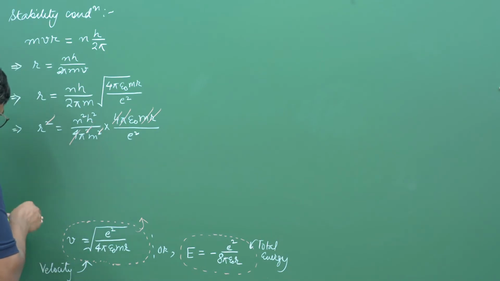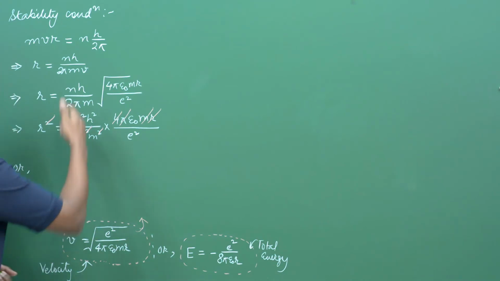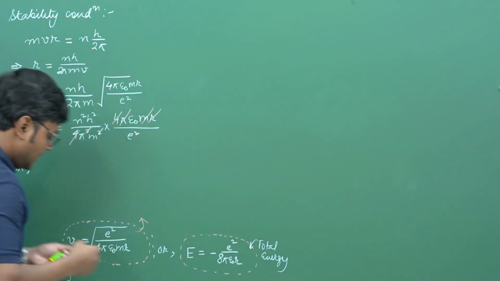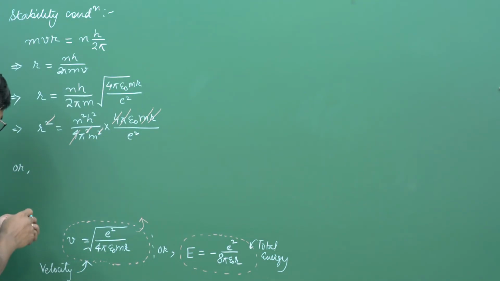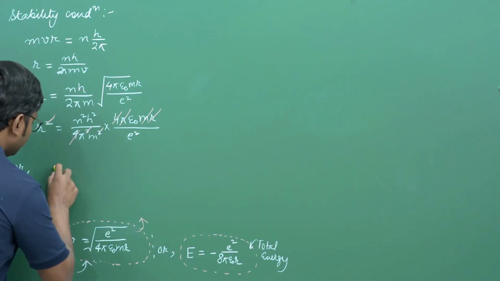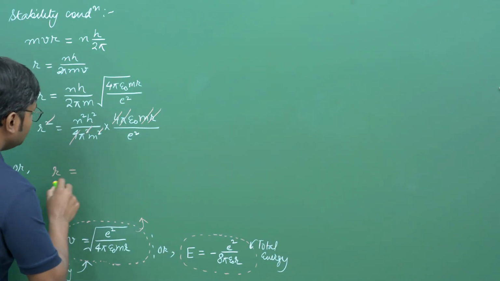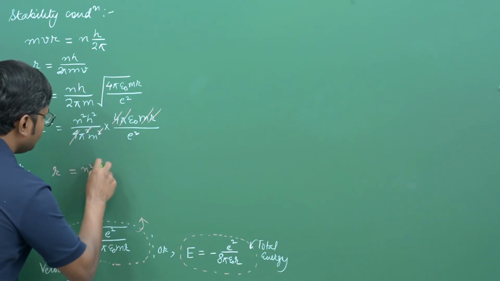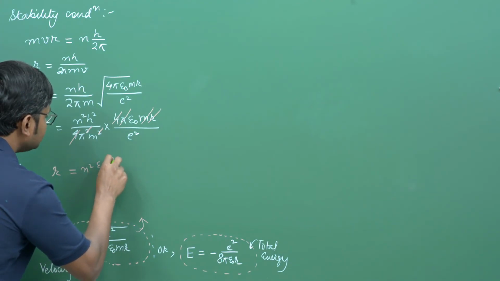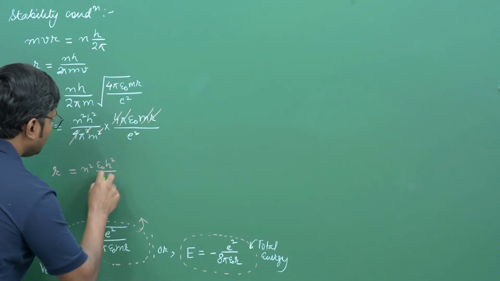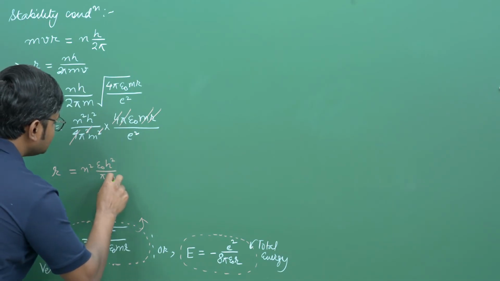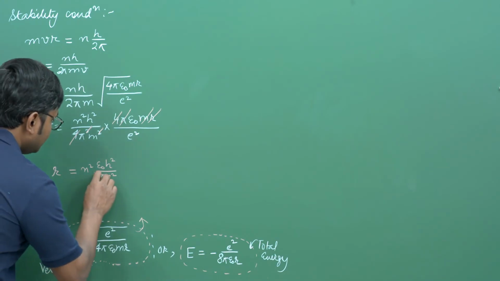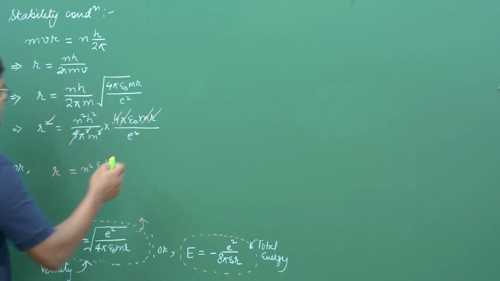Finally we can come up with this expression for the radius of these stationary orbits: r = n²ε₀h² upon πme². There is also a mass m here. I can write this in terms of ħ, which is h upon 2π.